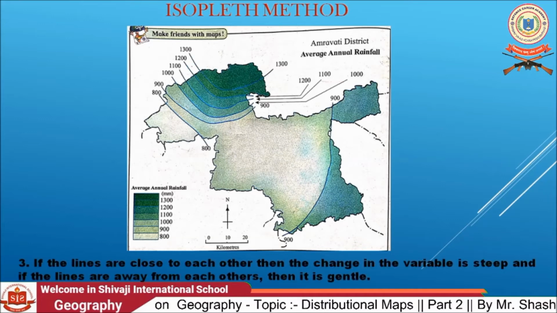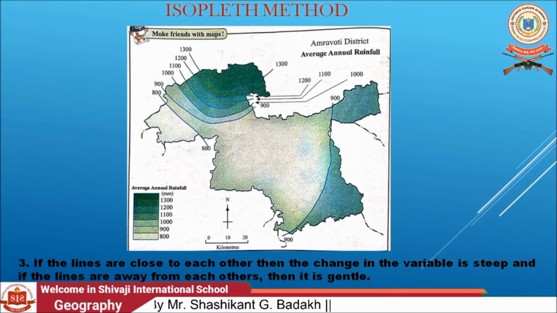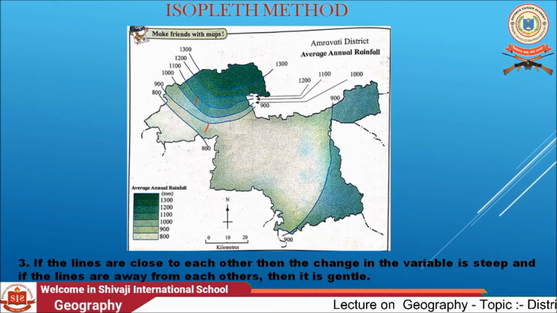Now third, we will see: if the lines are close to each other, then the change in the variable is steep, and if the lines are away from each other, then it's gentle. So here you can see, students, the distance between two lines is very little here, whereas the distance between the two lines here is high.